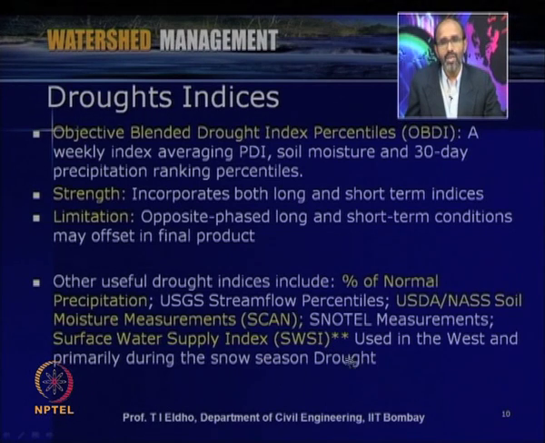This is generally used in the western US, primarily during snow season drought, wherever snowfall is there. So, like this, if you go through the literature, we can see a number of drought indices for drought analysis, but commonly used drought indices include the Palmer drought index and the standardized precipitation index.